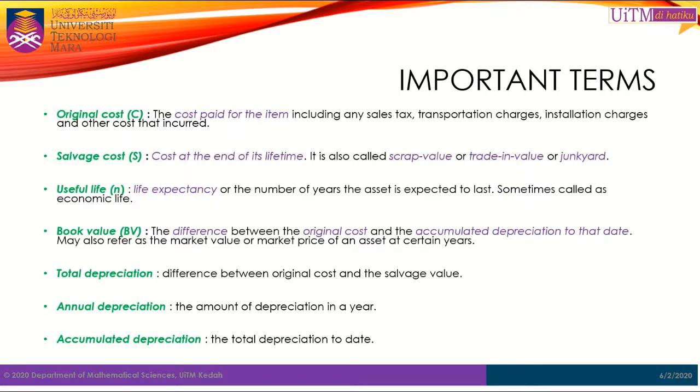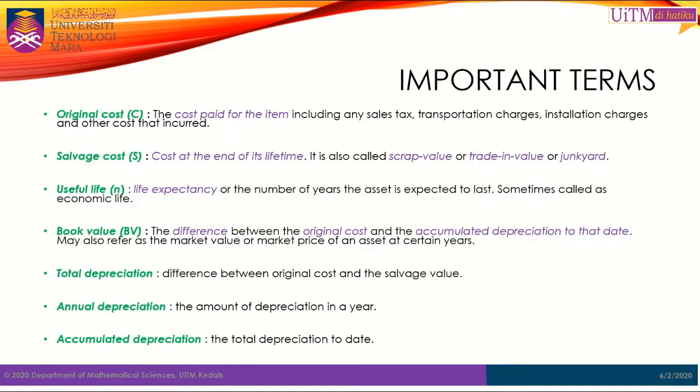All right, the salvage cost is the cost at the end of its lifetime, or in other words, the market value at the end of its lifetime. So it's also called the scrap value or trade-in value, or maybe junkyard value or residual value. There are so many names that can be related to the salvage cost.